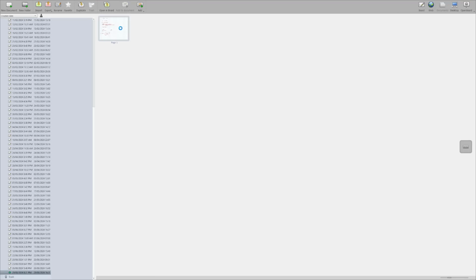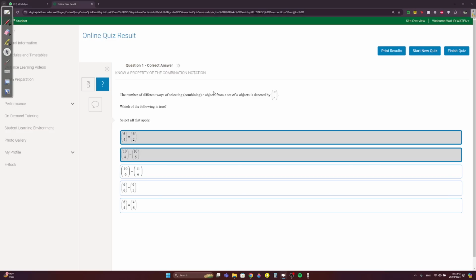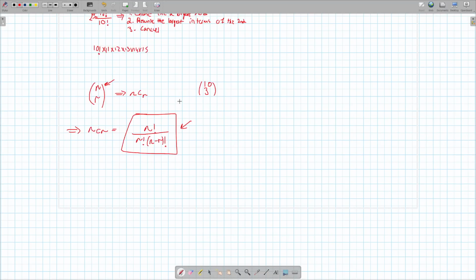Okay, so also combinations can be equal. So nCr can be equal to n, instead of calling it r, I'll call it a. nCa can be equal to nCb if a plus b equals n.